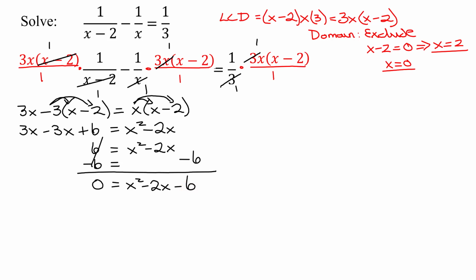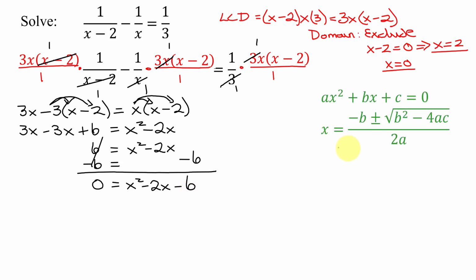So I'm going to have to use the quadratic formula over here. And so comparing my equation to ax squared plus bx plus c equals 0, a is the coefficient of the x squared term. What number are we too efficient to write in front of x squared? It's a 1. b is the coefficient of the x, it's negative 2. c is the constant term of negative 6.